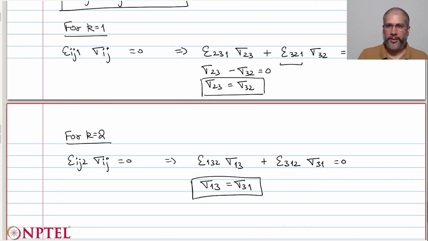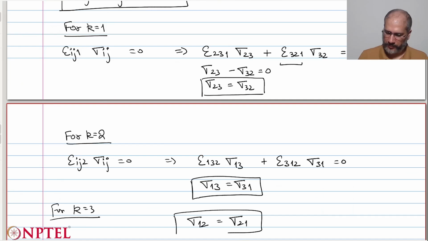And you must be able to see now that for k equal to 3, we get sigma 12 equals sigma 21. So what the moment equilibrium has resulted in is that the sigma tensor is symmetric.